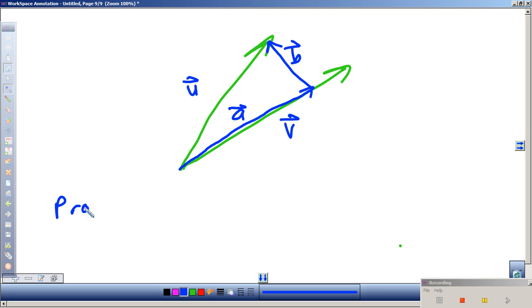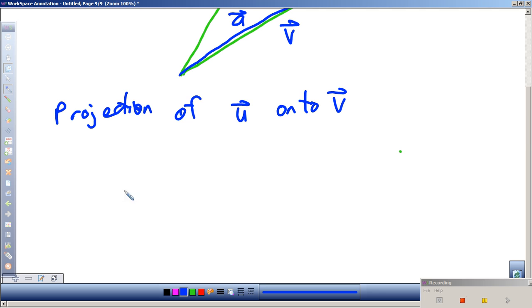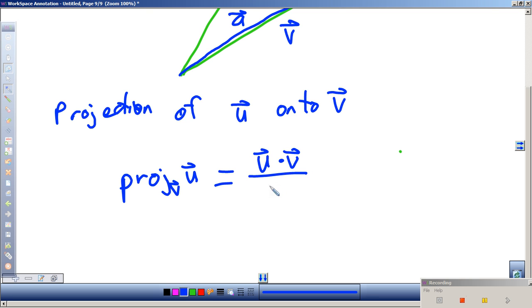So the formula for projection of U onto V is this. And the notation we use: projection of U onto V, with V as a subscript here, is equal to U dot V divided by the magnitude of V squared, times vector V. This part right here gives us the length of it.